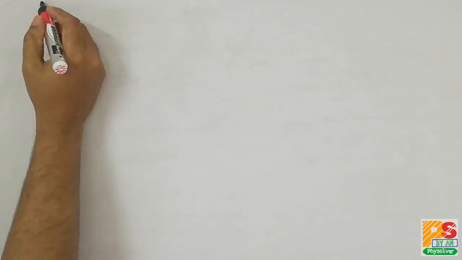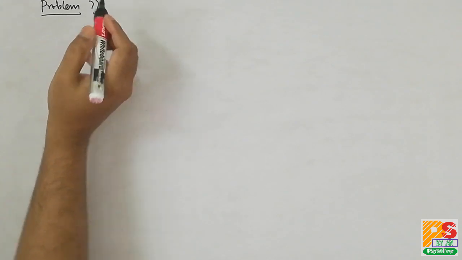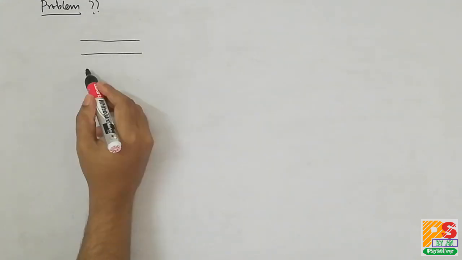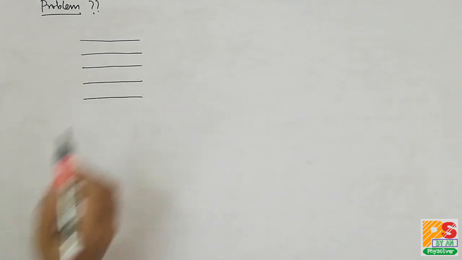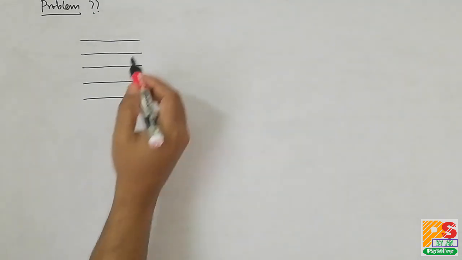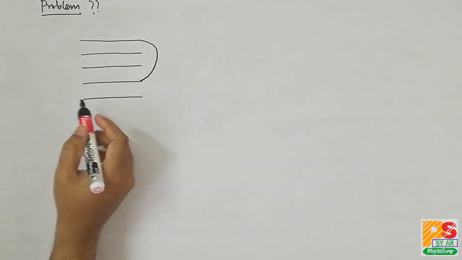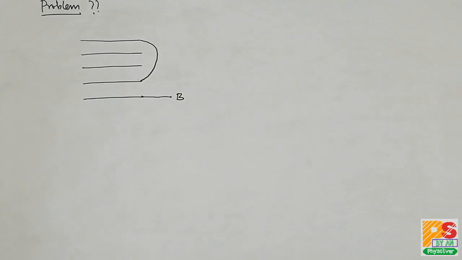Now coming to problem number 3. This is a very interesting problem. First, draw the diagram again. Here you can see we have a total of 5 plates. The top and the fourth plate are joined together.